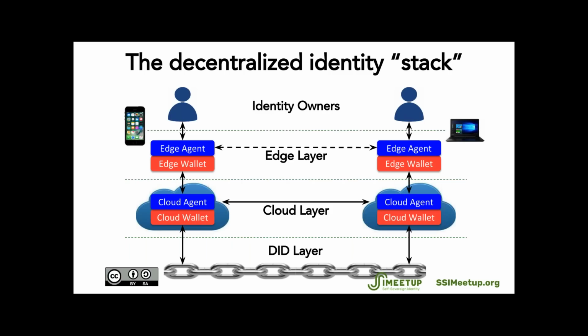We show two layers of agents, agents being a generic term for the piece of software that you're going to interact with to assert an identity or to exchange verifiable credentials. We show both of those paired with wallets. Different architectures and instantiations use subsets of this. Some only use cloud agents, some only use edge agents, some use combinations in between.